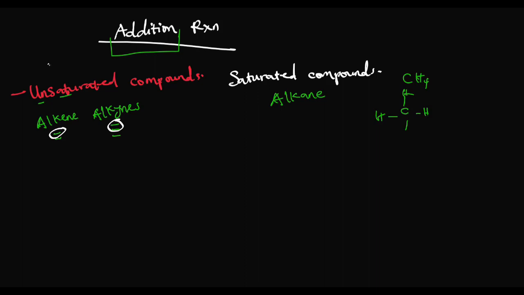It can't take up any other atom because there won't be space. Remember I told you that carbon can only form 4 bonds, right? But for this particular one, it can take up more atoms. Do you get that? Because the atom that will be coming will break the pi bond. You understand? Will break the pi bond.